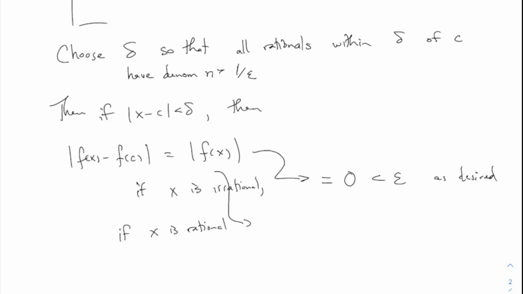Then this thing becomes 1 over n, because that's the definition of the function. But I chose it so that this n would be greater than 1 over epsilon. That means this will be less than 1 over epsilon, which is epsilon. So either way, you get less than epsilon. And that's that.